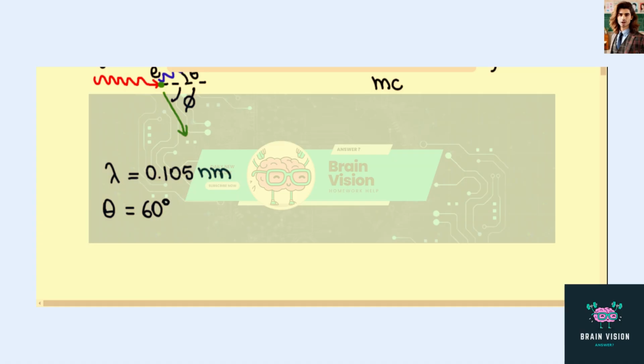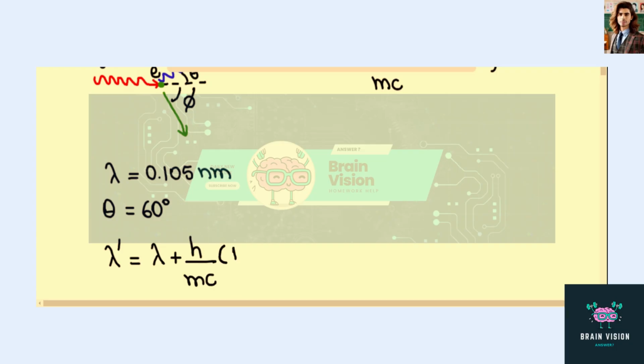First, I'm going to calculate lambda prime. After calculating lambda prime, I'm going to be able to calculate both the y component and the x component of the momentum of the outgoing electron.